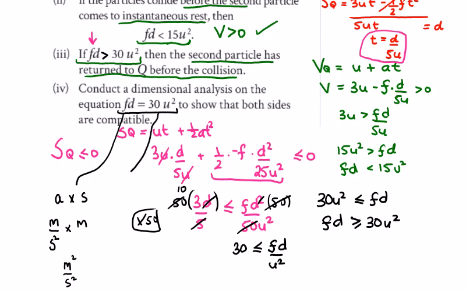On the right, 30 is a constant, and u is meters per second, so u squared is m squared over s squared, so we can knock off the constant and say that the dimensional analysis matches up, m squared over s squared on both sides.